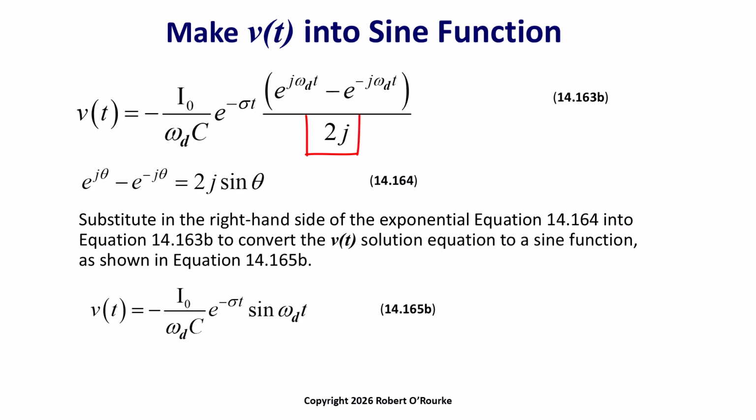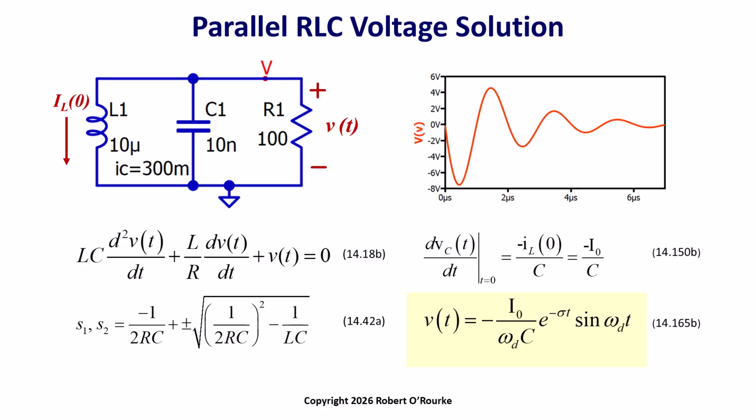We also separated a 2j term from the denominator and grouped it with the exponential terms in equation 14.163b. This allows us to apply the trigonometric exponential identity in equation 14.164. The result is equation 14.165b, the final solution for the natural response voltage of the parallel RLC circuit due to inductor initial condition current.